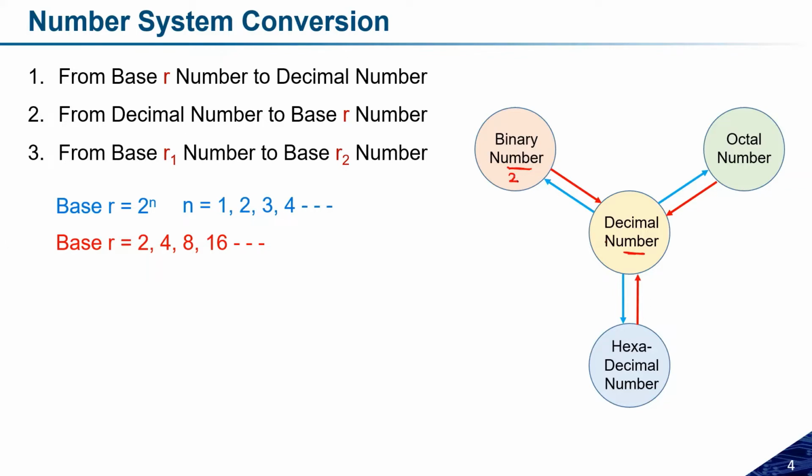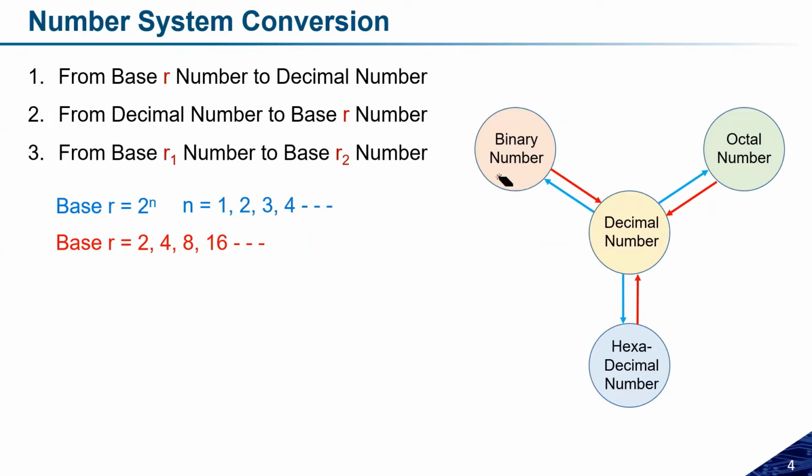So the integer part of this decimal number will be divided by 2, and we keep dividing until the division is complete. So division happens especially in the integer part. But the condition changes if I'm considering the fractional part. For the fractional part, we multiply. I will tell you how to do that.